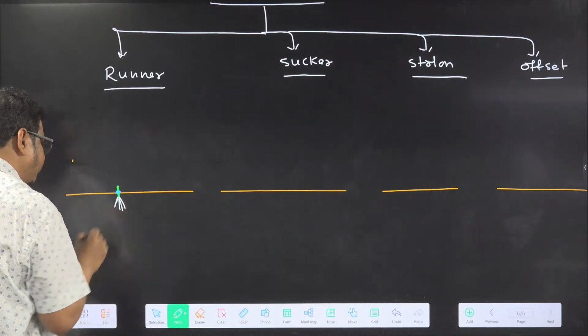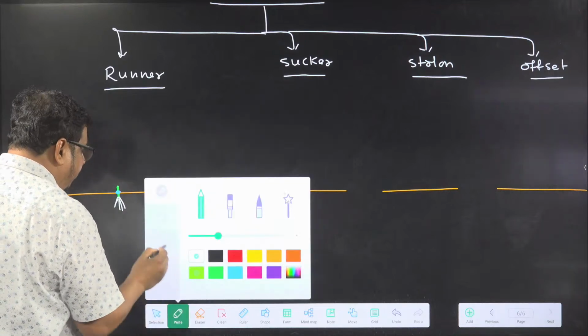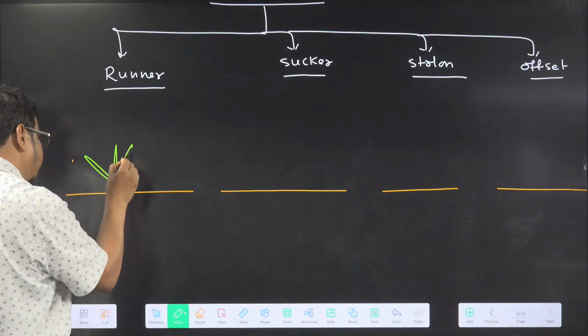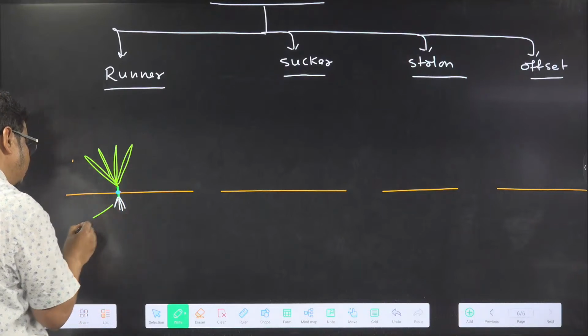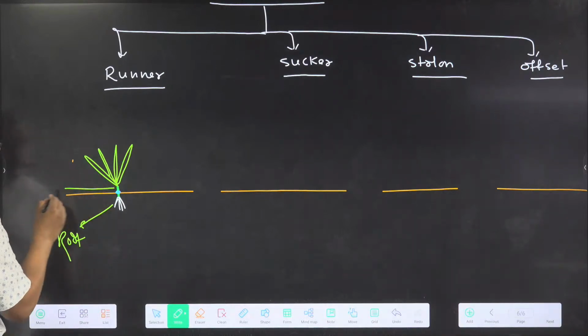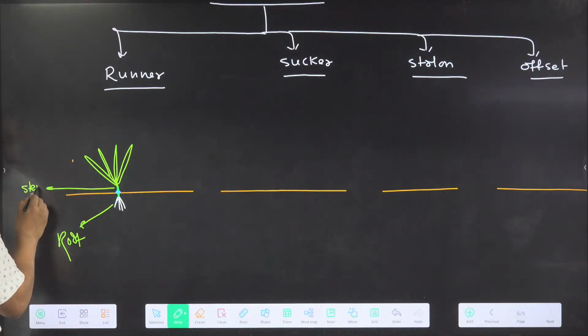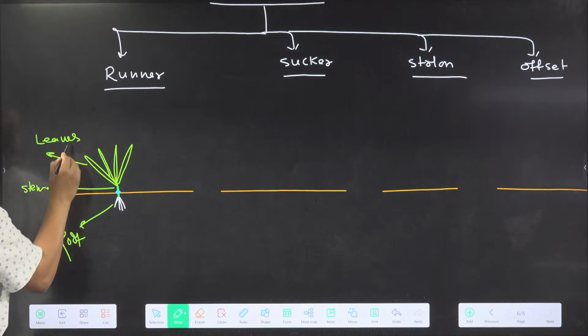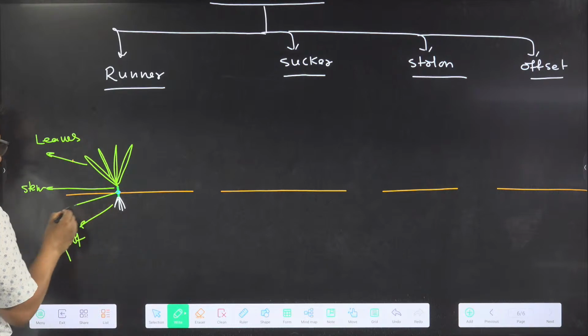Root. And in the apical, aerial part, what is arising? Leaves. So it is root, it is stem, it is leaves, and this is the node.